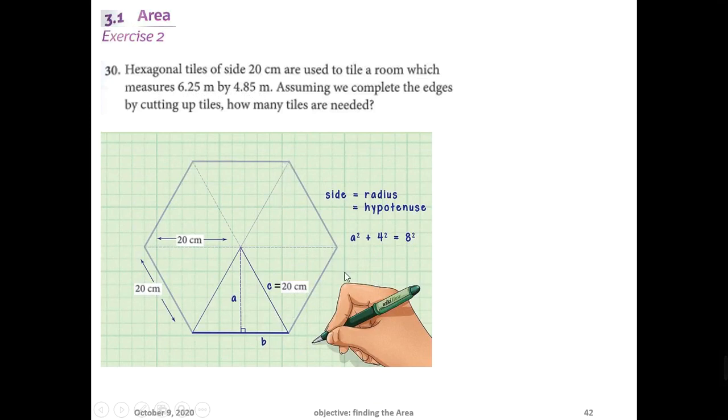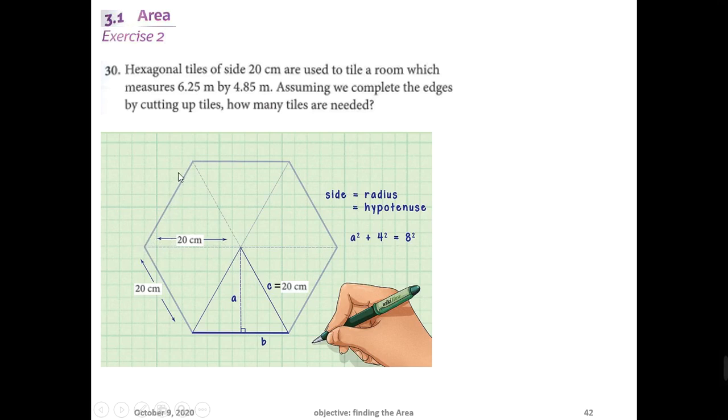So all sides are equal, 20, 20 centimeters, and even the inside, let's say radius or the hypotenuse, because if you connect from this point to the center and from this point to the center, as you can see, this is a side of a triangle that is created.